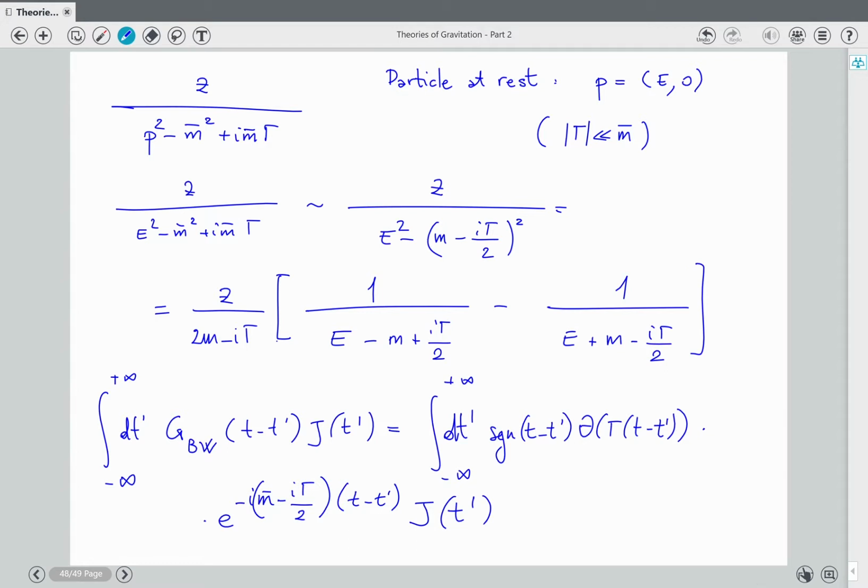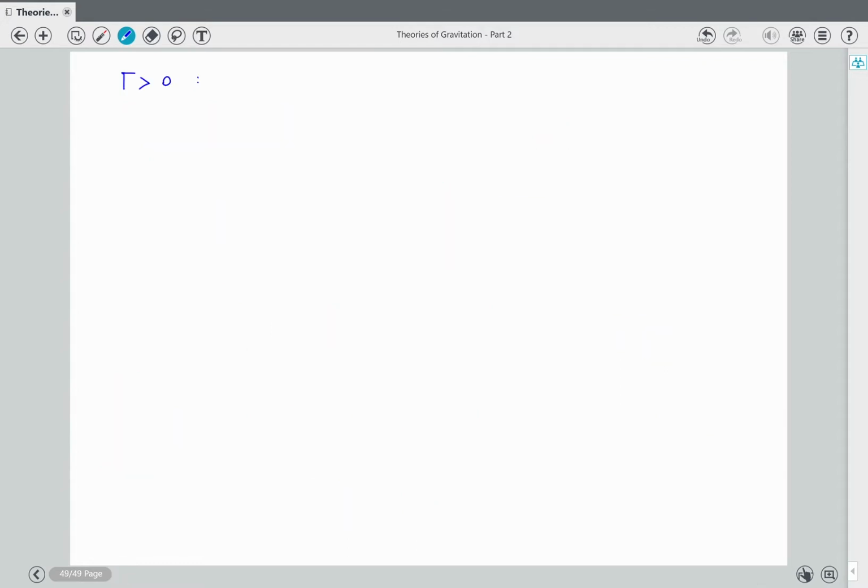So that cuts the integral from minus infinity to t. e to the minus i m bar minus i gamma divided by 2, (t minus t prime) j(t prime).